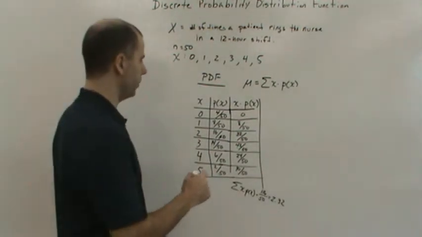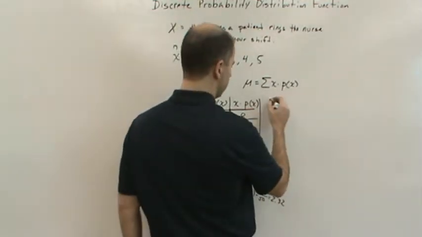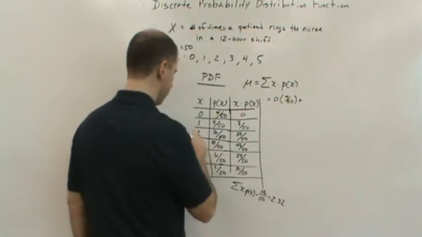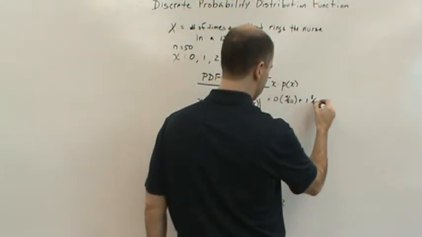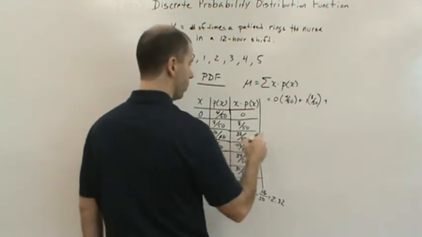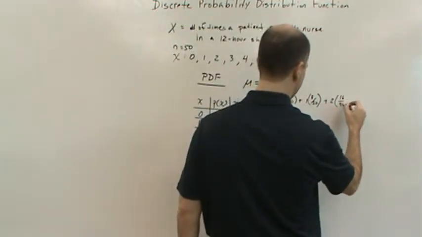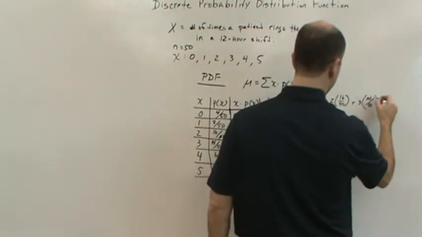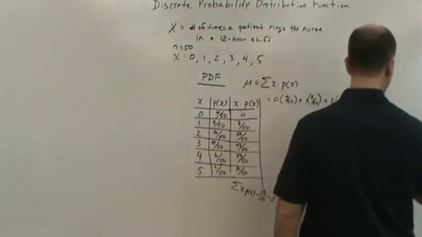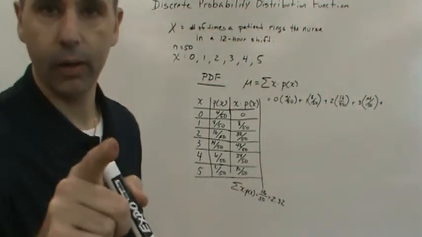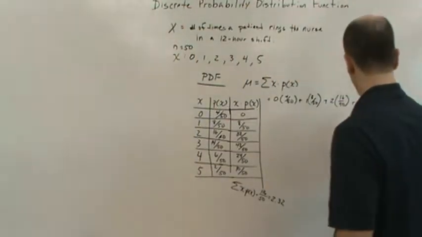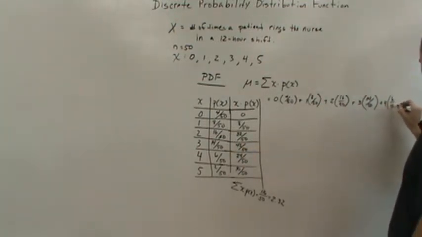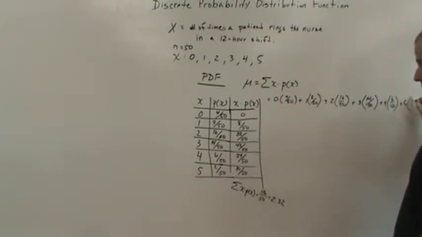So let's use the formula. All I'm going to do is apply the formula to this, right? So this is equal to 0 times 4 over 50 plus 1 times 8 over 50 plus 2 times 16 over 50 plus 3 times 14 over 50 plus 4 times 6 over 50 plus 5 times 2 over 50.